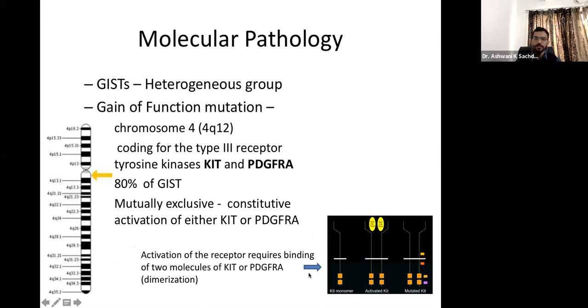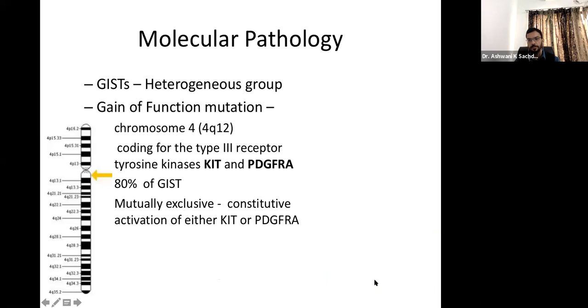For activation of KIT receptor, usually the ligand binds to the receptor, and there is dimerization of the receptor. Two molecules of the KIT combine together and activate the downstream pathway. But in case of mutated KIT, they are usually in a dimerized state or do not require dimerization.